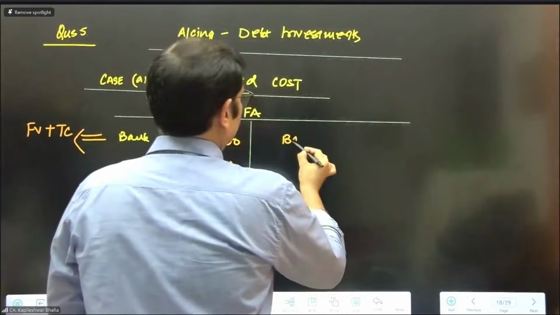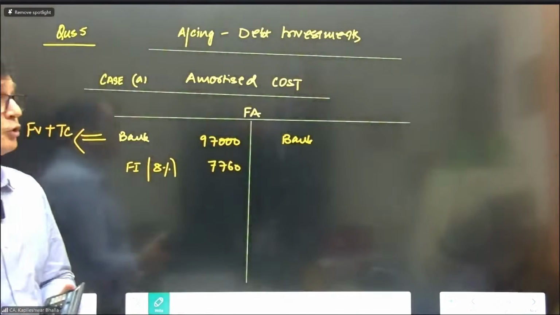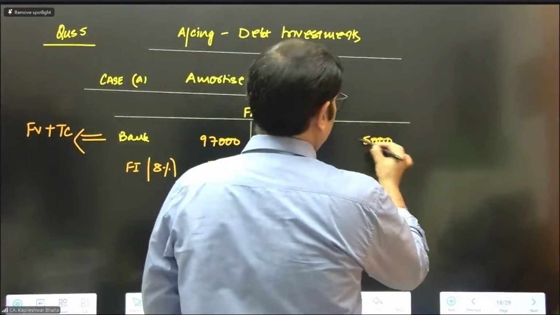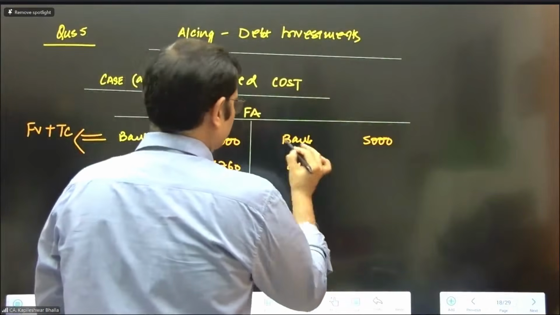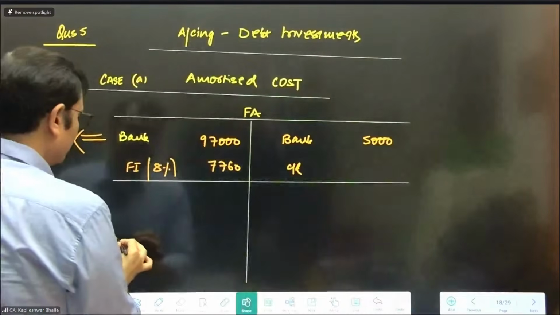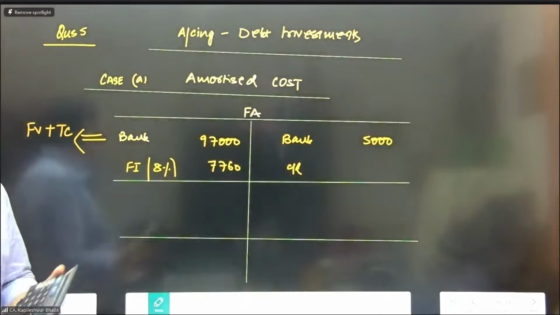And then you receive an interest at the end of the year. You're going to receive the interest at the coupon rate, which is on the face value at the rate of 5%. So we can take the balance CD as a balancing figure. That is year 1. It's a maturity of 3 years, so we can get the balance CD.